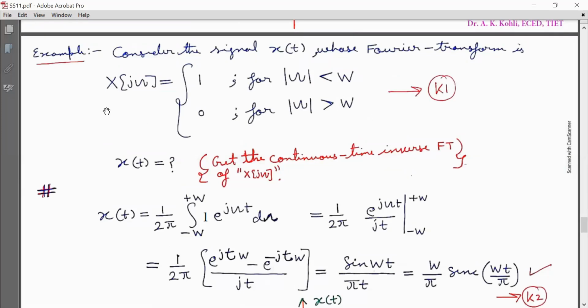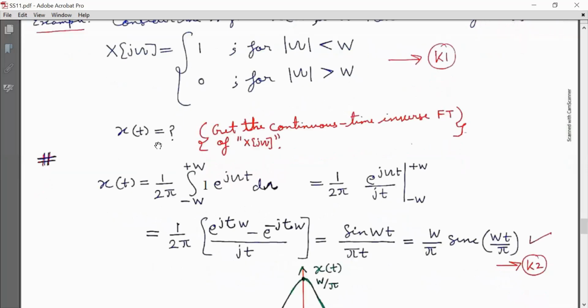That is, X(jω) is equal to 1 for magnitude of Ω less than W, and X(jω) is equal to 0 for magnitude of Ω greater than W. So it is a rectangular pulse in frequency domain. Now we need to know x(t).